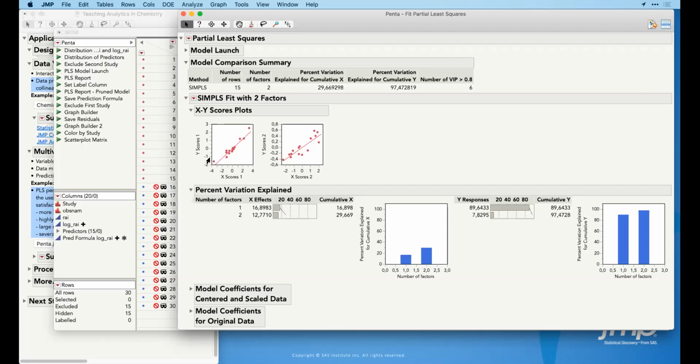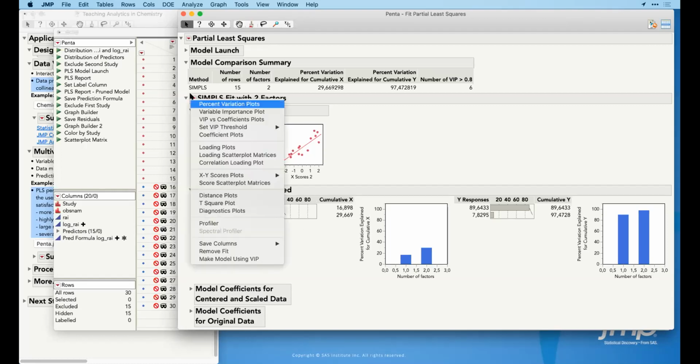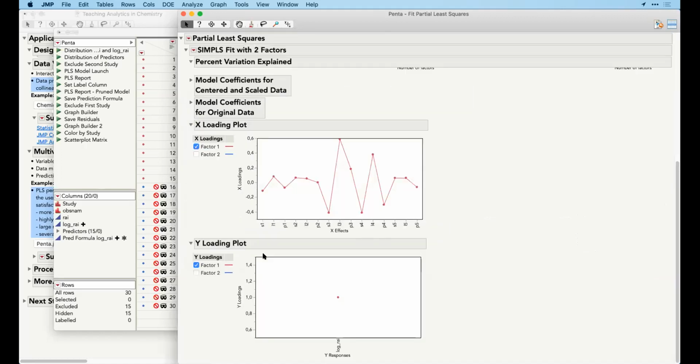Then we can look at the scores here, and we also see the variation explained again. There's a lot of additional information you can add here. You can look at the loadings: how do the effects, the X's, load on our 2 factors?